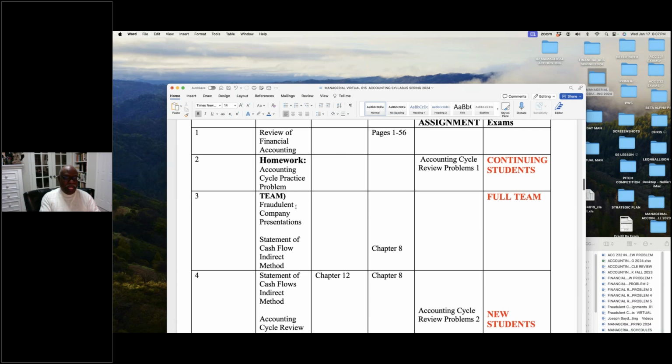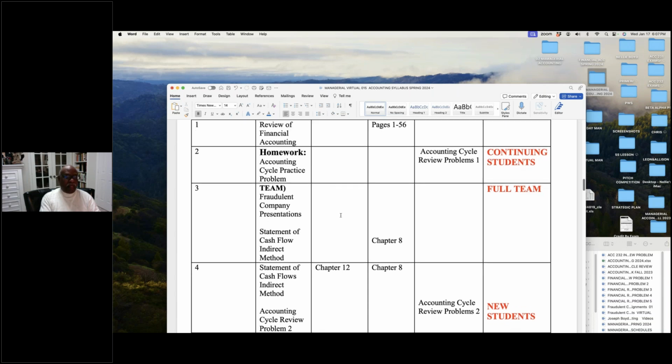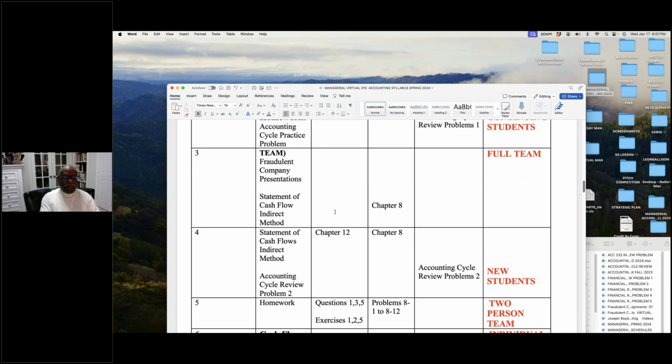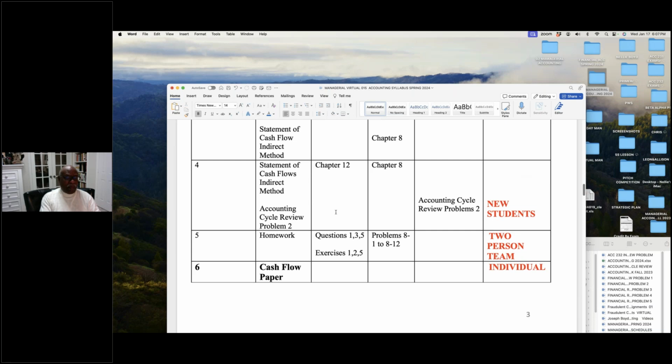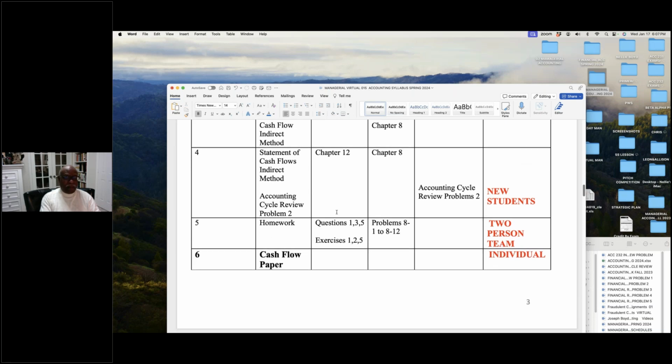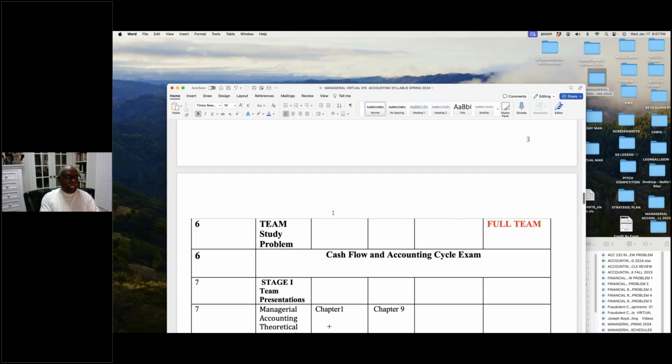Next week, we have team fraudulent company presentations, and everybody has a review problem that they must work and turn in. We'll talk about that a little bit later. Then we go on to the statement of cash flow. We have an accounting cycle review problem. There's a cash flow paper and some homework, a team study problem, and then around the 6th session, we should have our first examination.